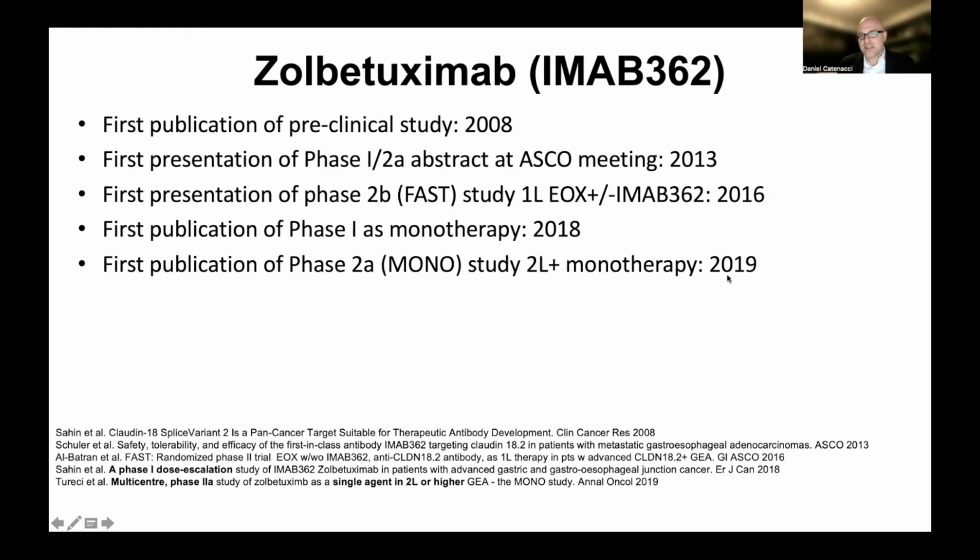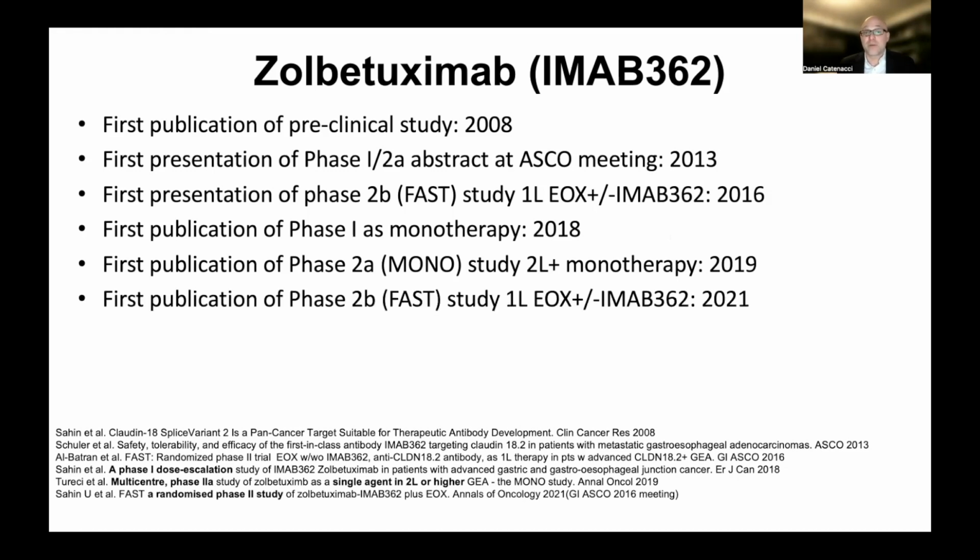Now, in this case, there was a little bit of delay before these publications came out because the antibody rights were changed from one company, a German company, to Astellas, which is now the company developing it further. And so there was a delay in that transition that led to a little bit more time in between these presentations and their publications.